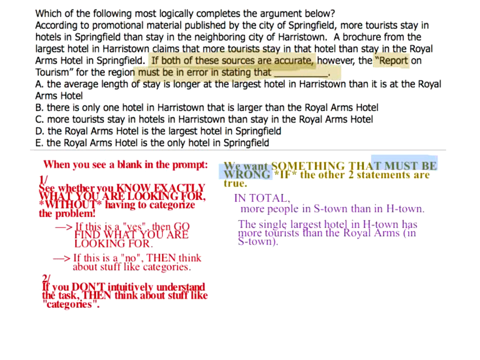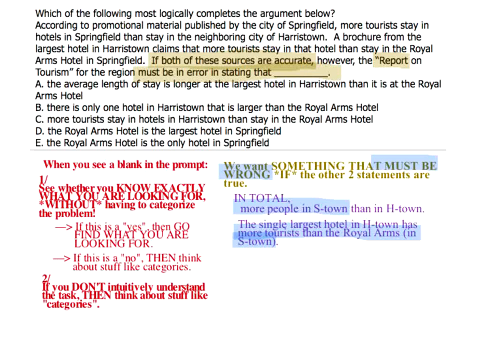So notice that we need to have more people overall in S-Town. But there is a place in S-Town that doesn't have as many people as a place in H-Town.